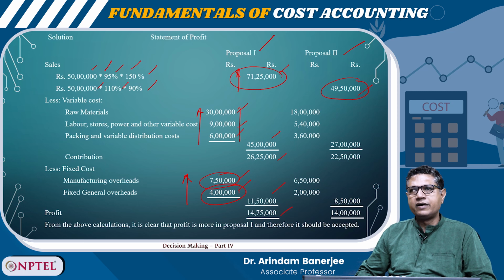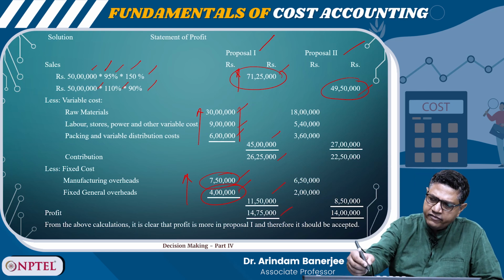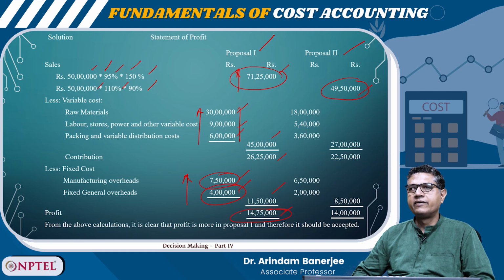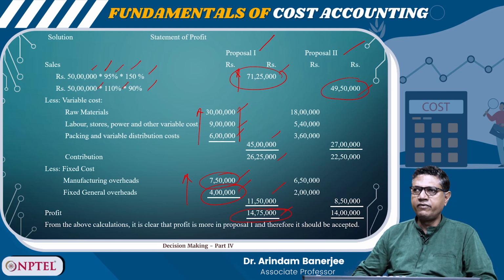I need to see whether my change in sales revenue is increasing at a higher pace than the increase in cost, right, that I need to check. So, after calculating the profit, I got the final profit at 14 lakh 75,000, fine.